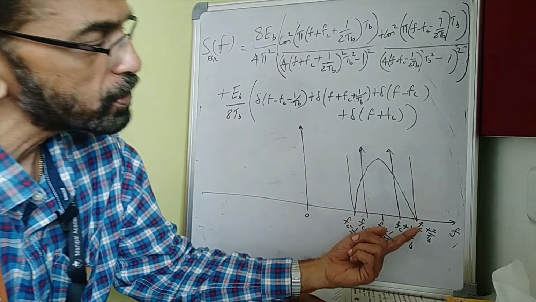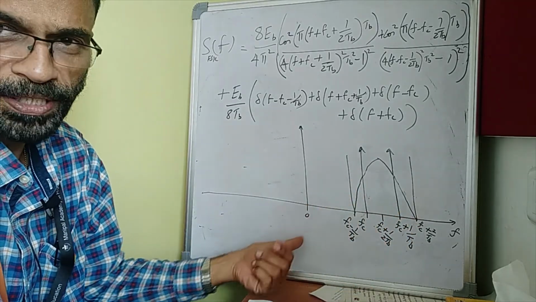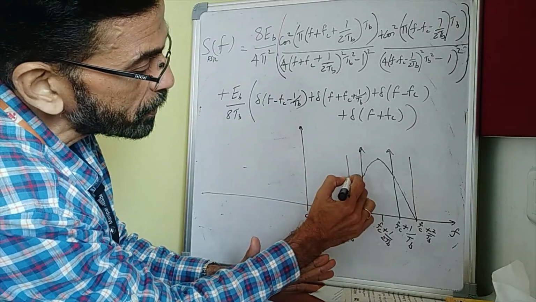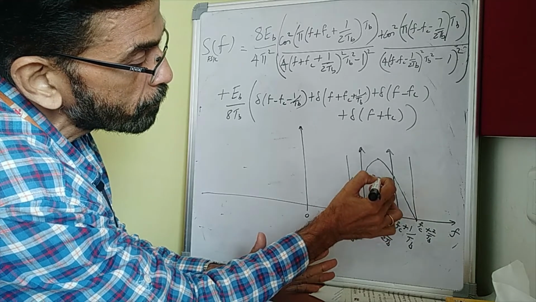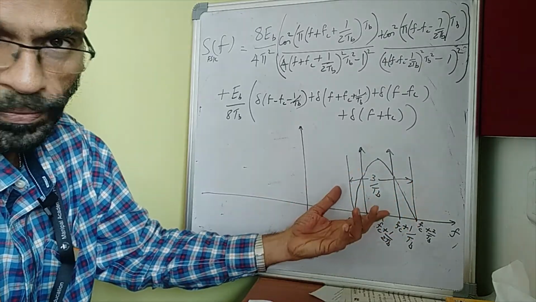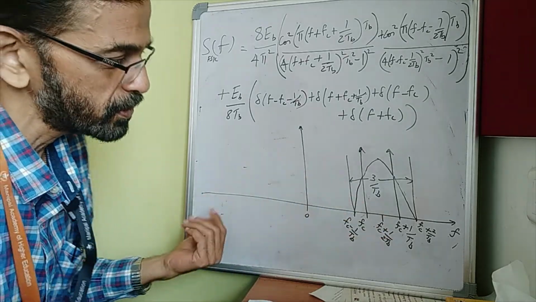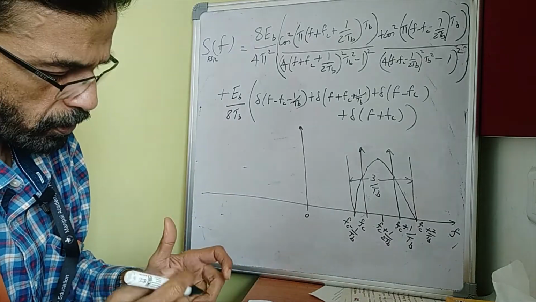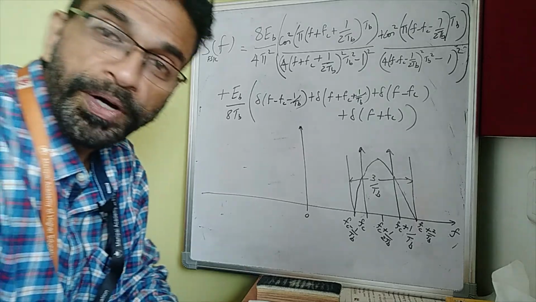The bandwidth is fc plus 2 by TB minus fc minus 1 by TB, and that gives the bandwidth as 3 by TB. 3 by TB is the bandwidth. And of course, same thing would have repeated here. I will not draw that. It's just a waste of time. It's just a reflection.